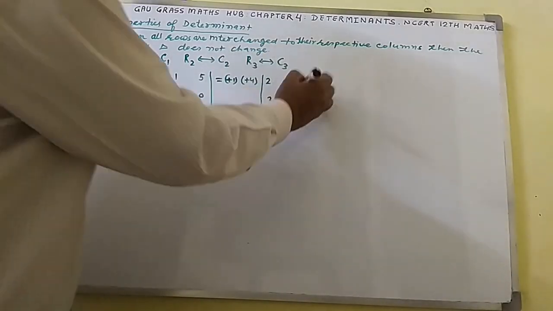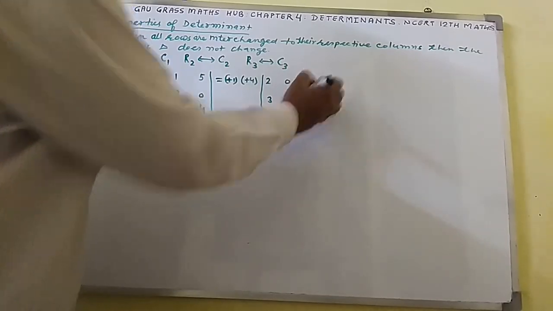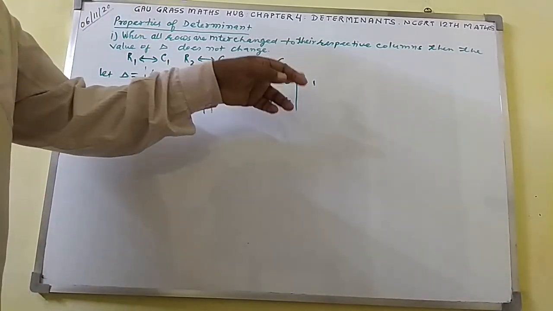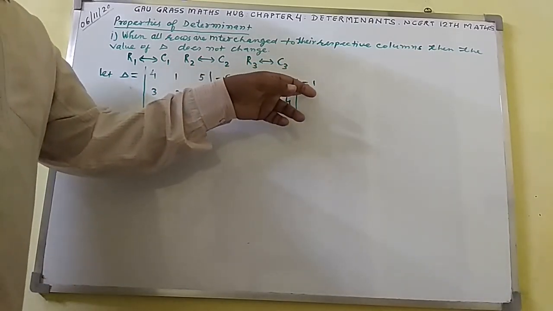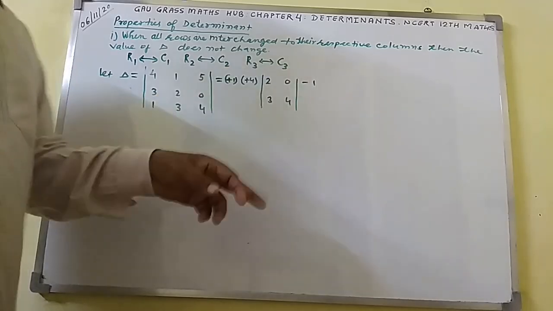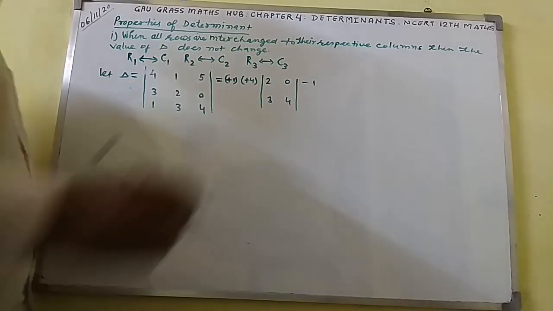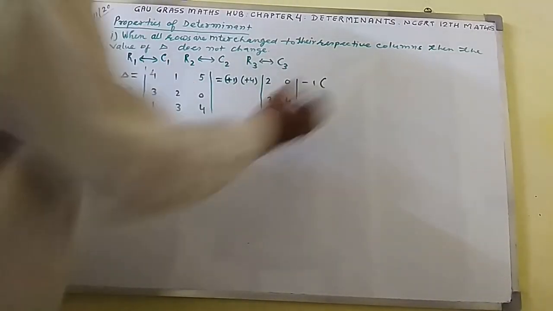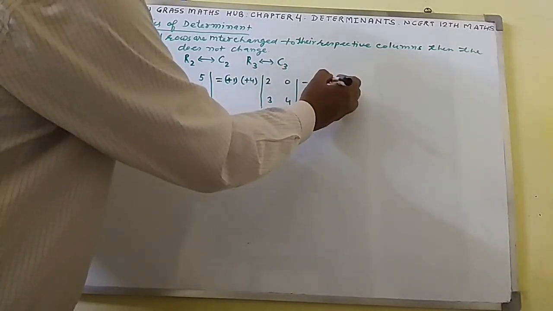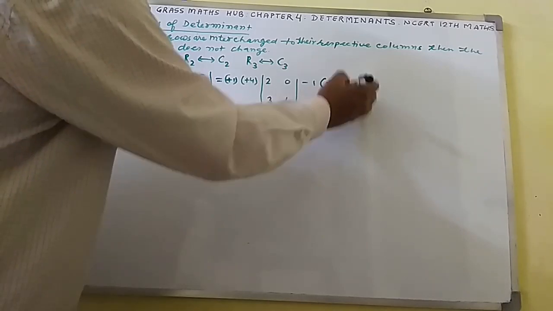After that, minus 1 is fixed. Minus 1 is constant for all cases of expansion of a determinant. In bracket I shall write the second element, which is plus 1.